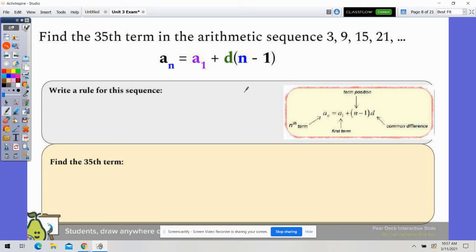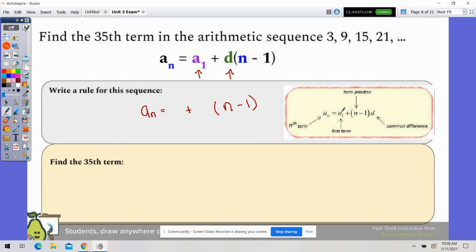Either way it works. So the only things that you need to substitute for the general rule are A1 and the common difference D. So that means we're going to have AN equals A1, which I'm going to keep blank, plus our common difference times n minus 1. So we just need these two things.